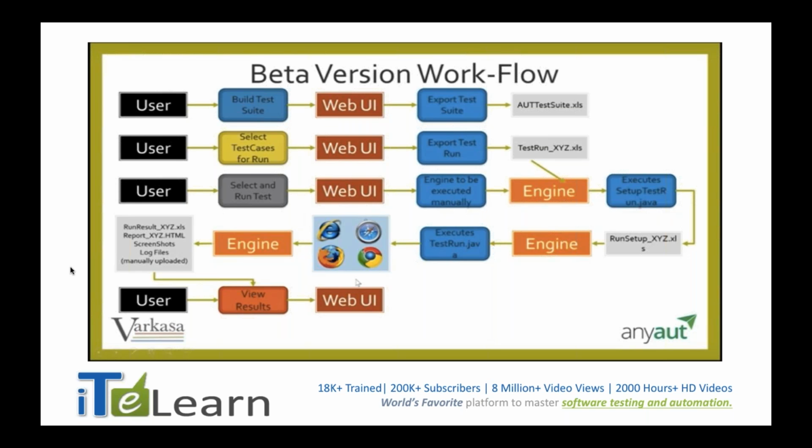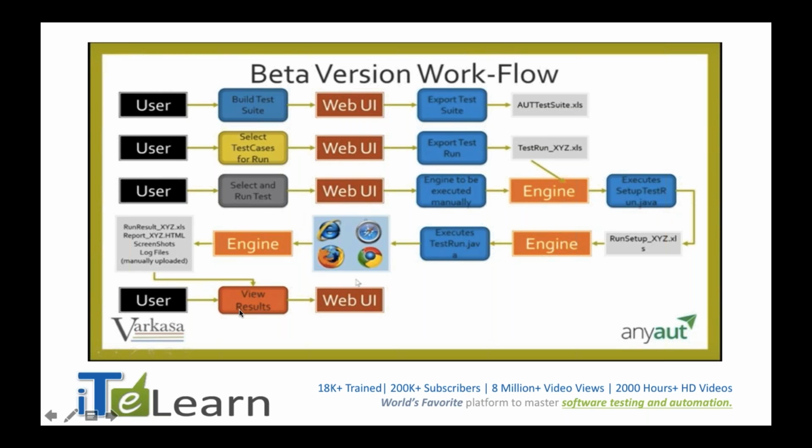We also take screenshots. The screenshots are available in a separate folder, and the location of each screenshot is available in your Excel too. At the end of it, we can zip this folder and upload it on the web UI. That's what we are representing here.